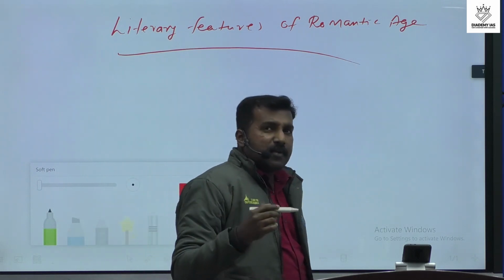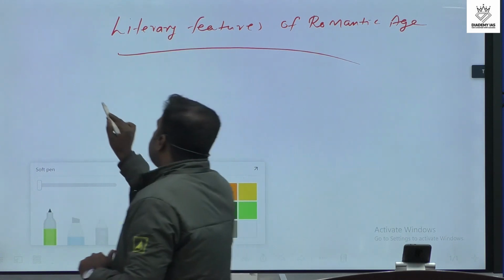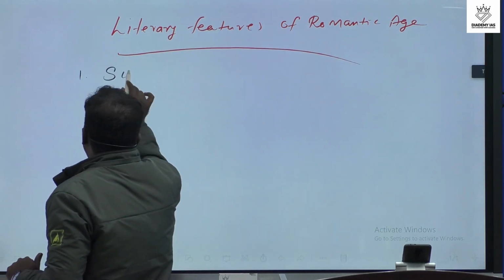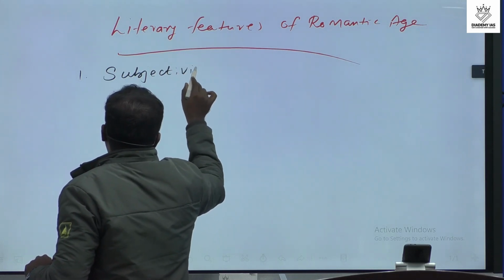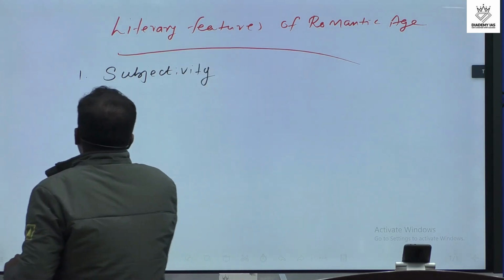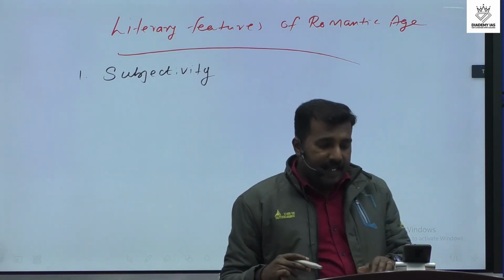The important literary features are, first, subjectivity. Subjectivity is an important feature in the Romantic age.